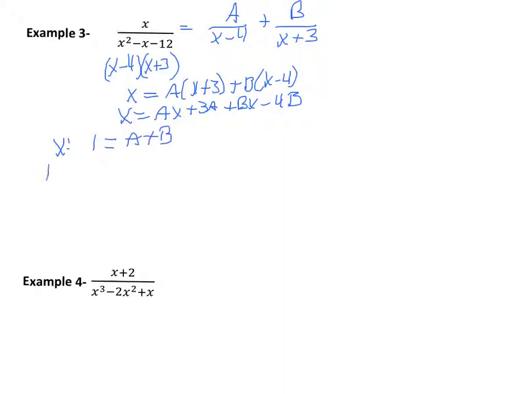Now we're going to go just our numbers or our constants. On the left side I don't have 1, so that's 0 equals 3a minus 4b. Because on the left side it's like x plus 0, if you will, because there's no constant number. There's no number without an x.